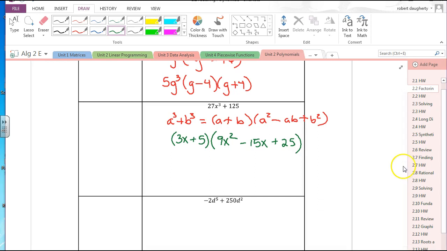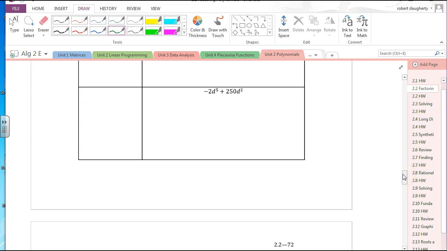Look at the next one. What is my immediate way of first attacking this? I want to do what? Factor out what's in common. What's in common? 2 what? D squared. Okay, so let's factor 2d squared.